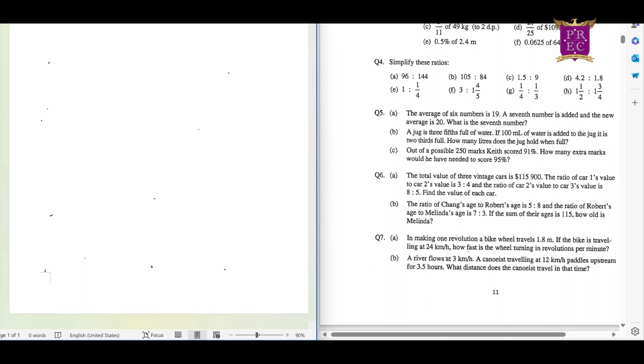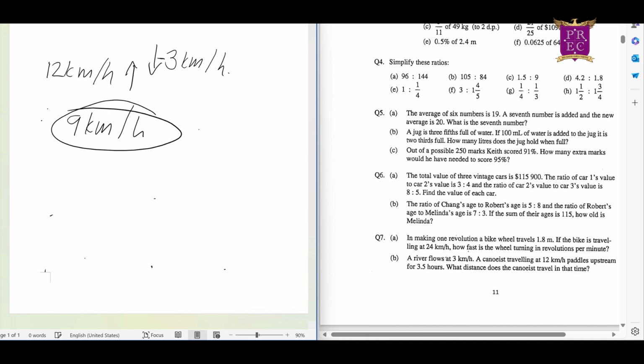We know that the canoeist is traveling 12 kilometers an hour upstream, but the downstream is 3 kilometers an hour. Since it's going against the canoeist, we do it as a negative value. So we do 12 kilometers an hour minus 3 kilometers an hour, which gives us 9 kilometers an hour. So this is the speed of the canoeist.